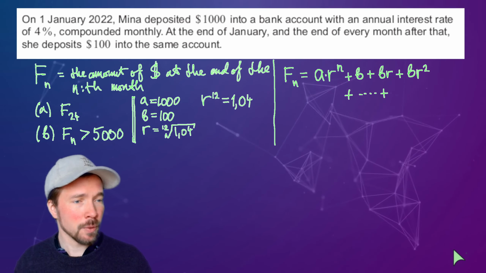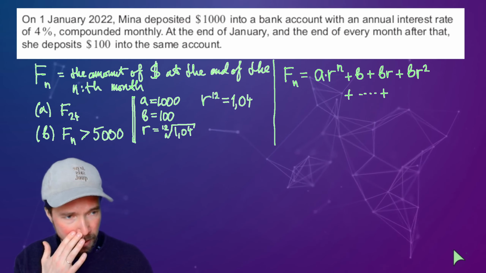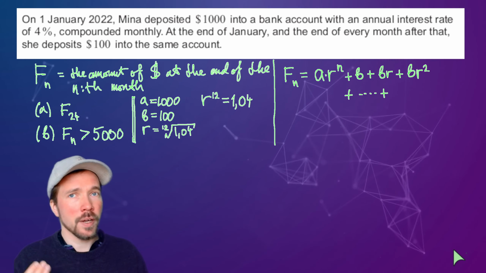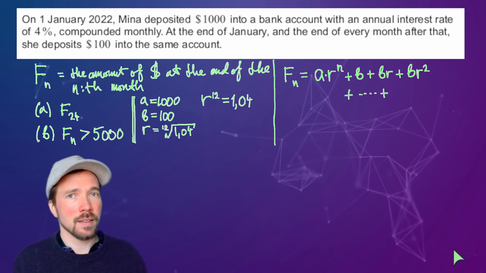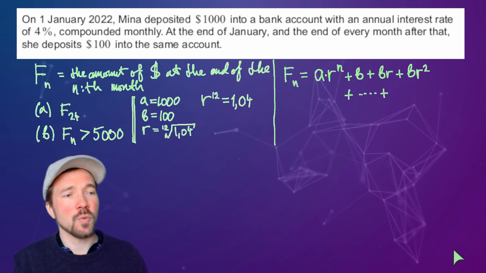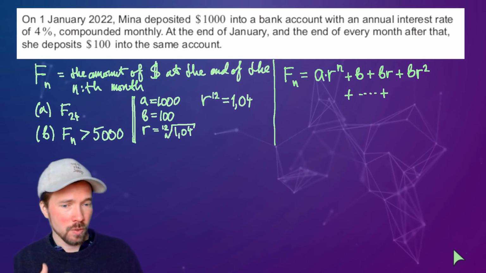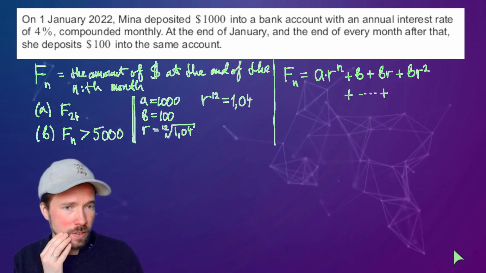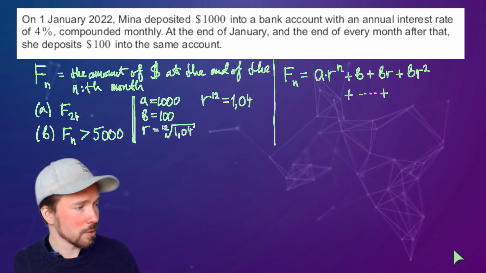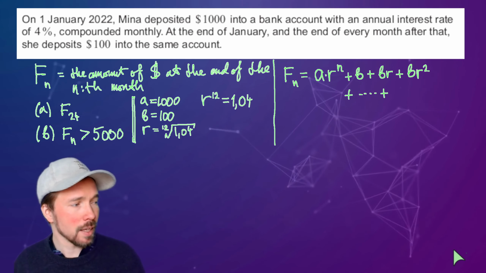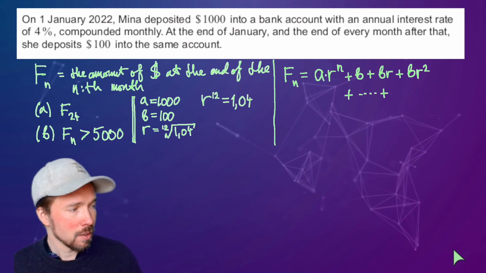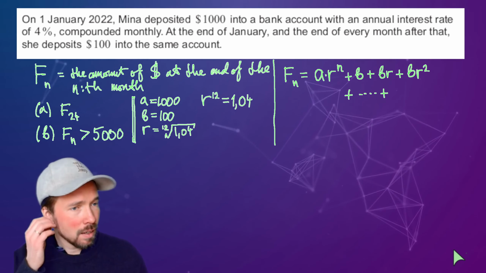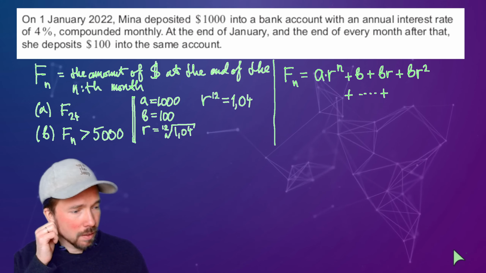And what's the last term in this expression? The first time we ever added this addition is n minus 1 months ago, right? Because n months ago was the very first day, January 1st, and that's when we did not add the $100 addition. We started adding it only at the end of the first month, end of the second month.